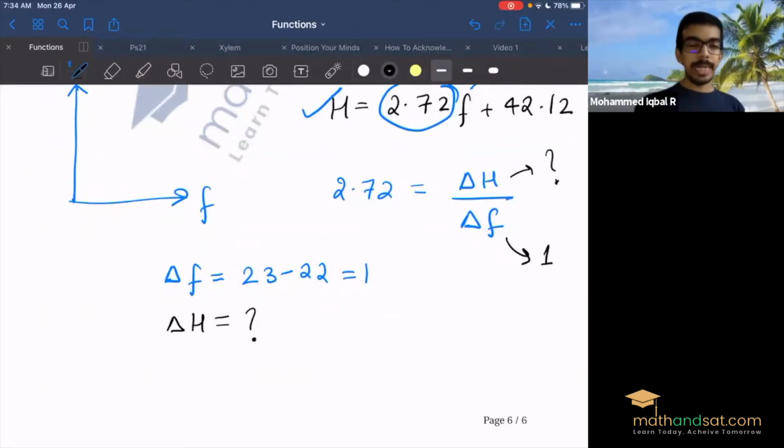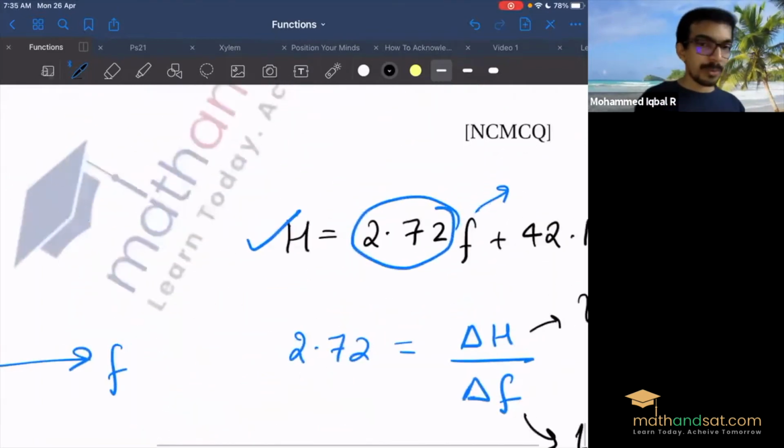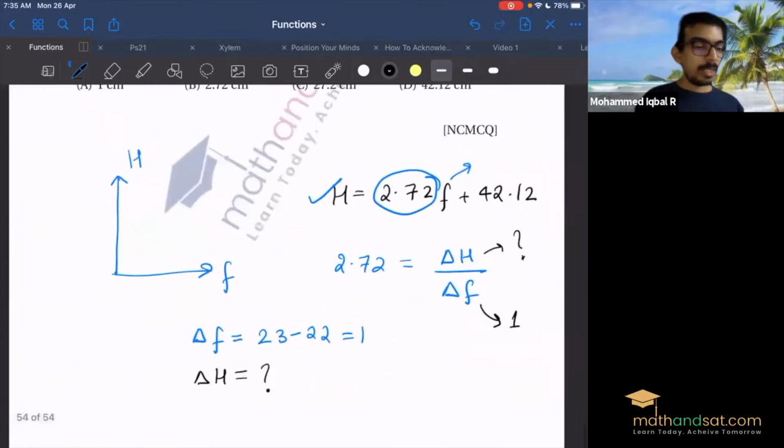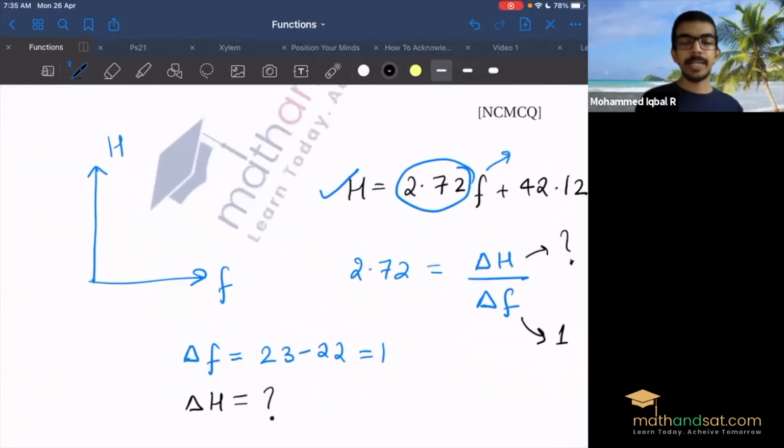See, delta h is the unknown quantity. Delta f is given to be 1. And this ratio is the slope that is taken from the equation itself. Now tell me what is your delta h. We have something over 1 is equal to 2.72.